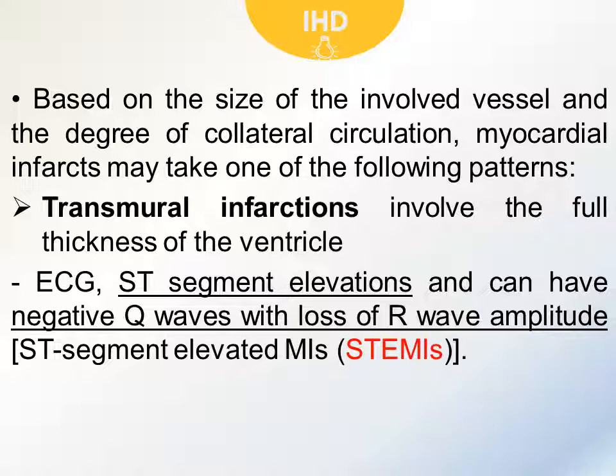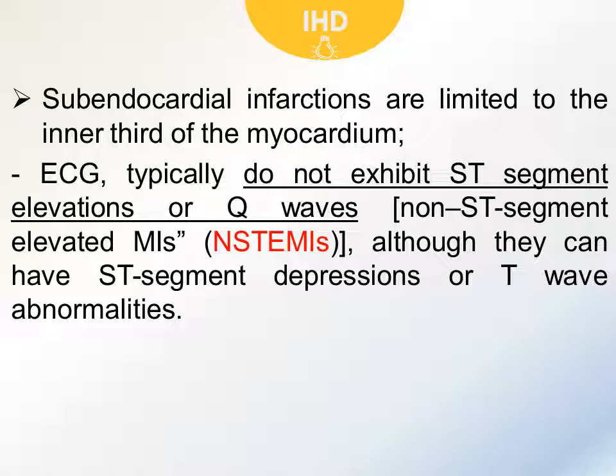This is called ST segment elevation myocardial infarction. We also have the subendocardial infarction, limited to the inner third of the myocardium, which typically does not exhibit ST segment elevation or Q waves on the ECG. This is the non-ST segment elevation myocardial infarction, although it can have ST segment depression or T wave abnormalities.